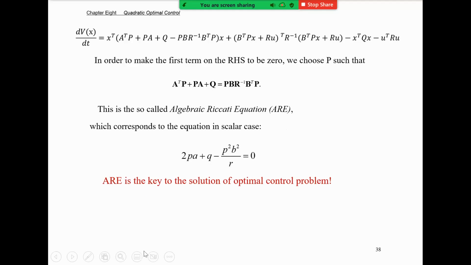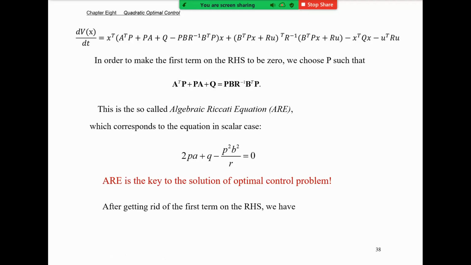So this ARE, the algebraic Riccati equation, is the key to the solution of the optimal control problem. So we assume that we can get a solution for this ARE, so we can find a P to satisfy this one. Then this whole first term will be 0. Any questions?